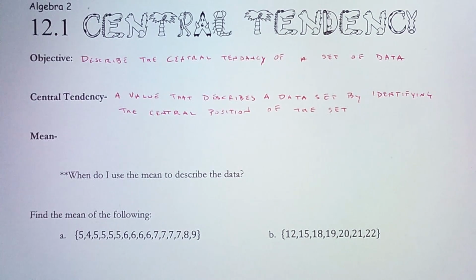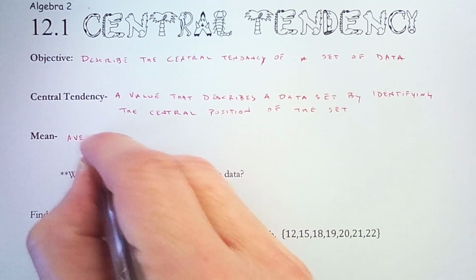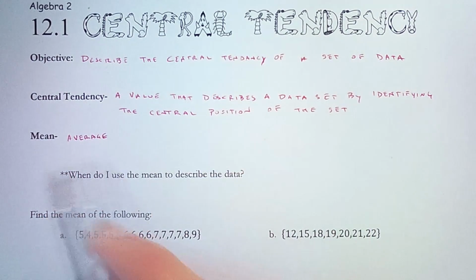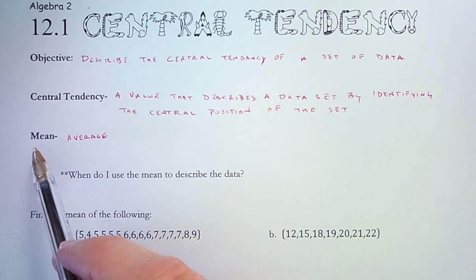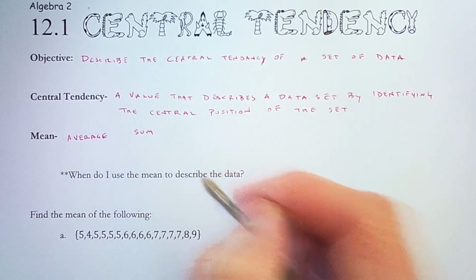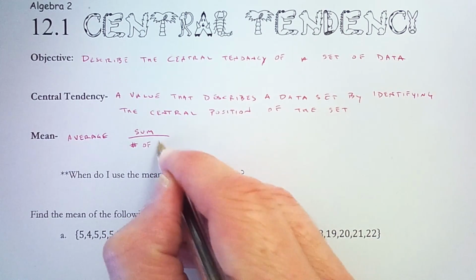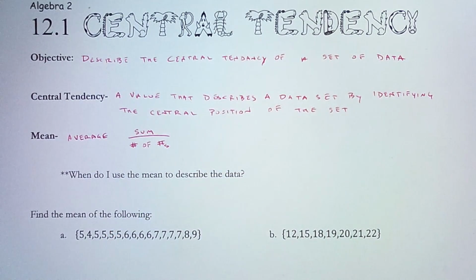So first is the mean. The mean is the same as the average. Okay, so this is specifically the arithmetic mean that we're going to be talking about, and the arithmetic mean is the sum of a data set divided by the number of numbers within that data set.